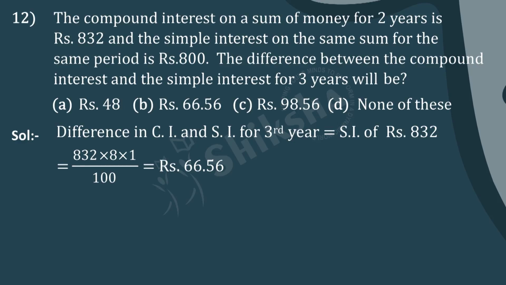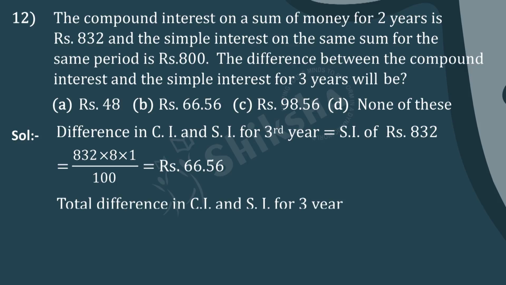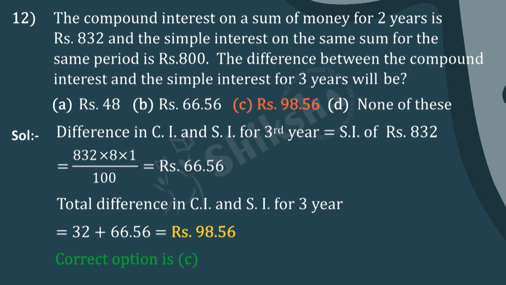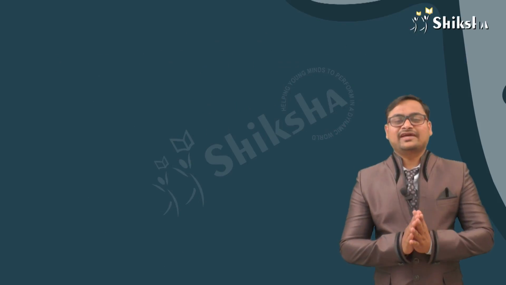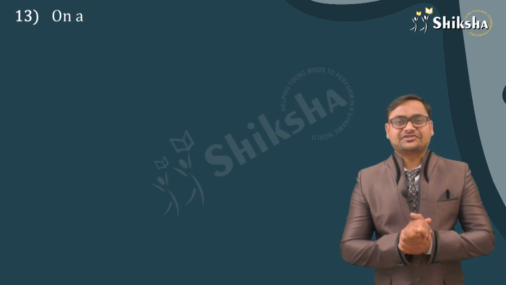So the total difference in compound interest and simple interest for 3 years equals 32 plus 66.56, which is ₹98.56. So our correct option is option C, that is ₹98.56. Now let's see the next question, that is question number 13.